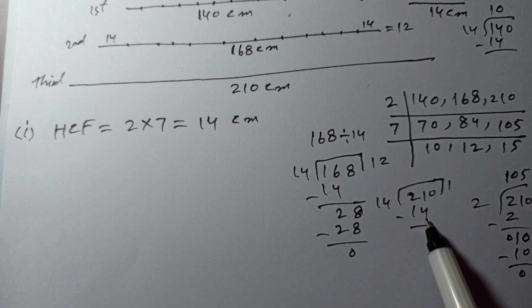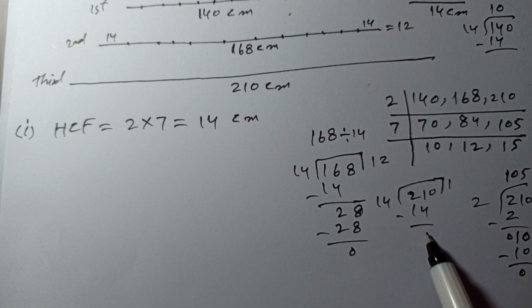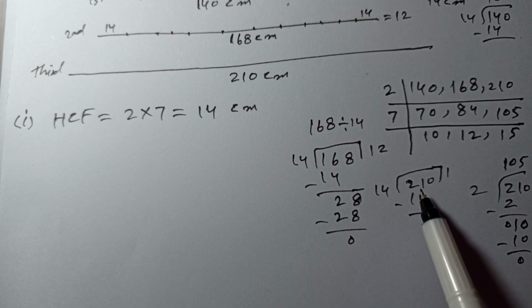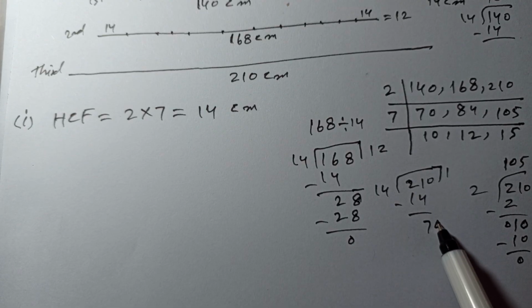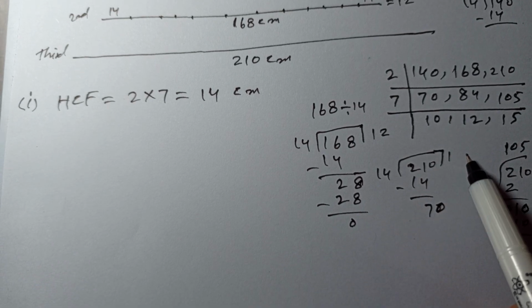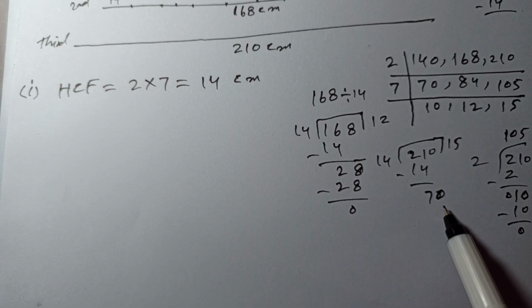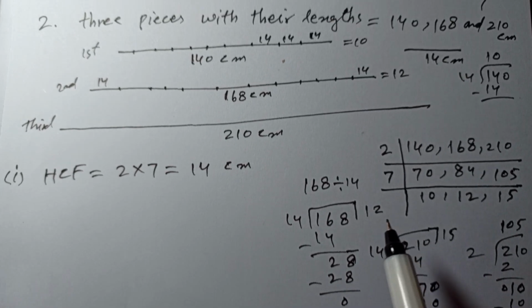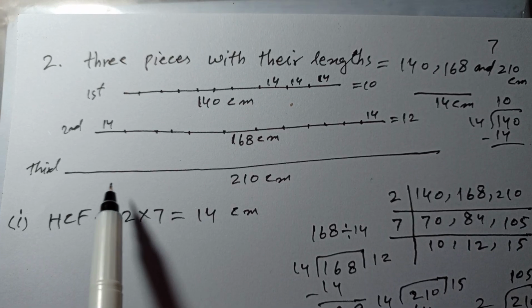From 11 subtract 4, you will get 7, and 0 here. 14 how many times? 5 times. 5 fours are 20, and 5 ones are 5, and 2 is 7. Remainder 0. 15 pieces from here. From this rope you will get 15 pieces.